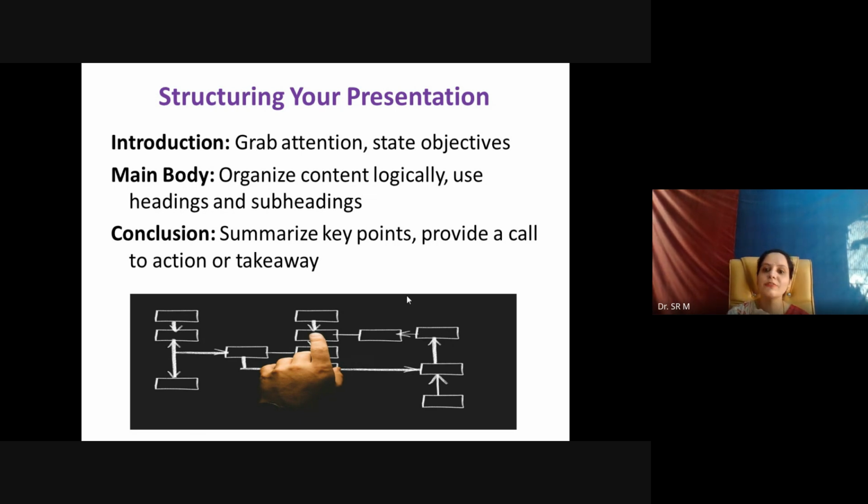Highlight the main benefits of solar energy and the need to overcome its challenges. This will reinforce the learning process and help solidify the understanding amongst your audience members. Am I right? Okay. Then you can conclude your presentation with a compelling call to action or takeaway message.